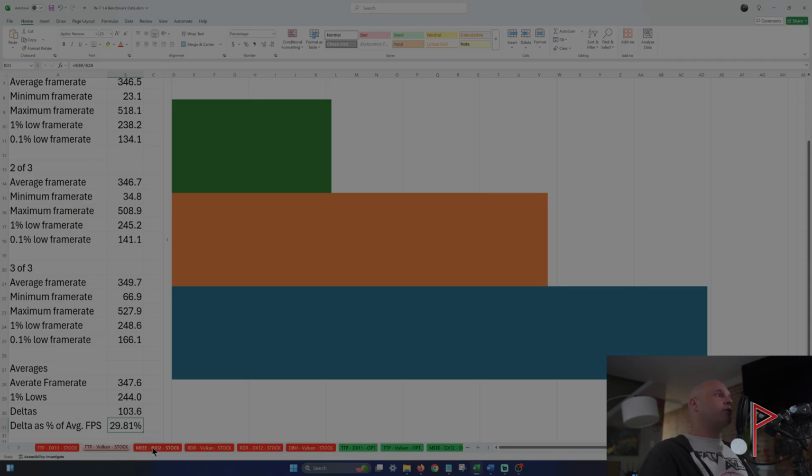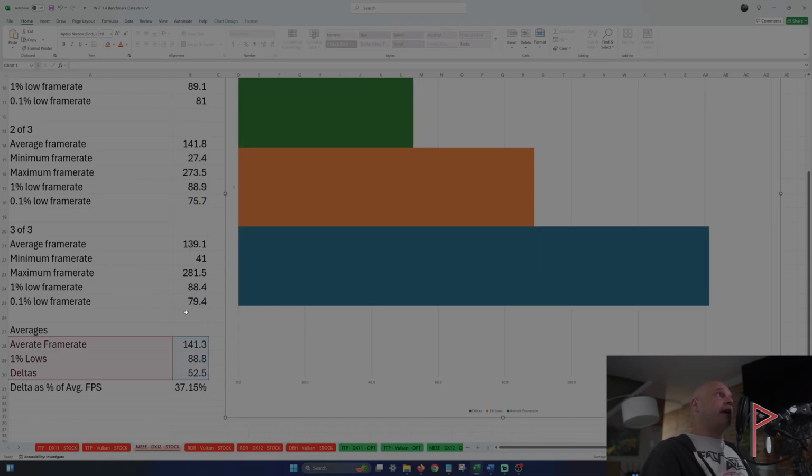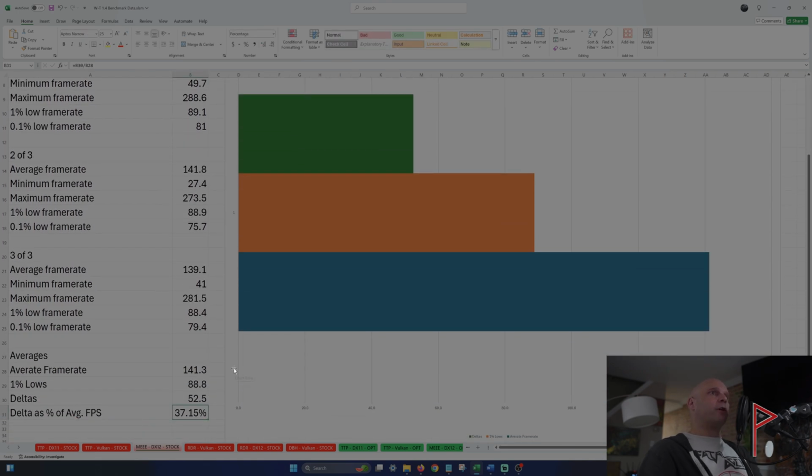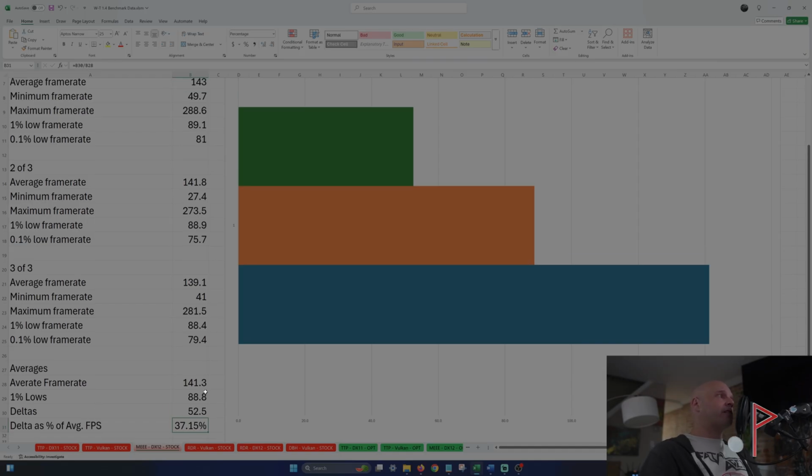So now we're going to go to Metro Exodus Enhanced Edition. Again, this is all with just Intel optimized defaults and XMP enabled. Delta very high, 37% for Metro Exodus, and average FPS of around 140. For Metro Exodus, we only ran one in the stock part of these benchmarks because it's only available in DirectX 12.